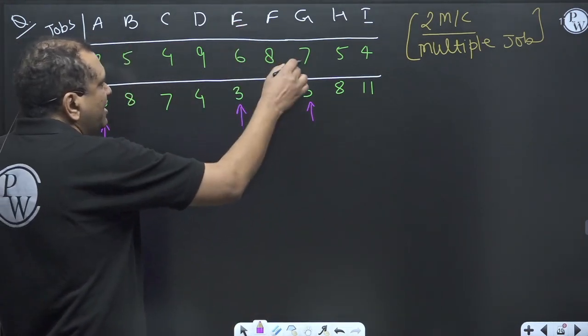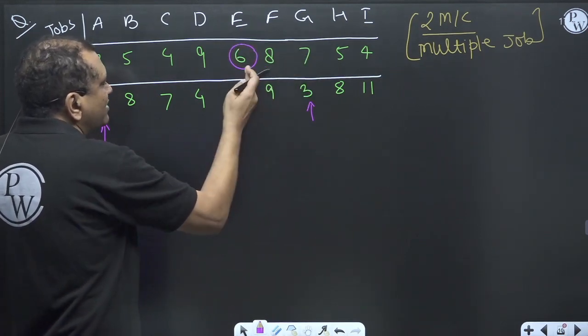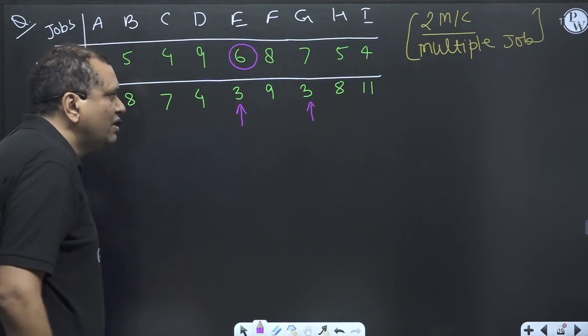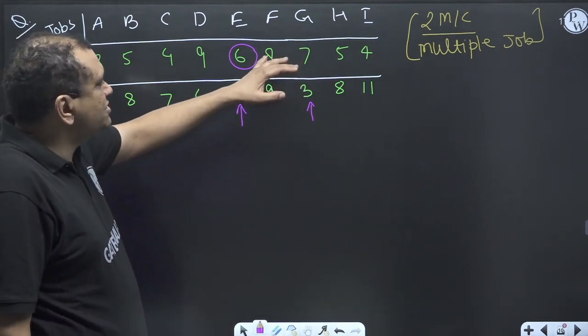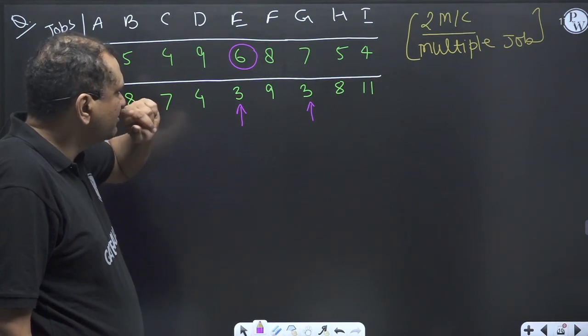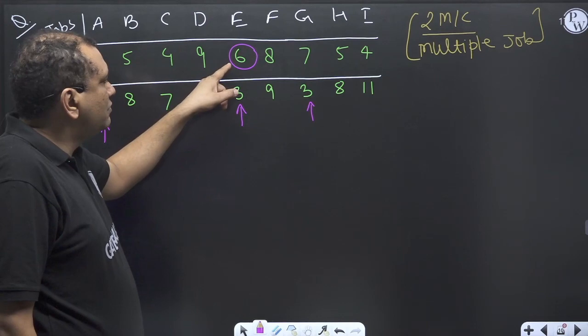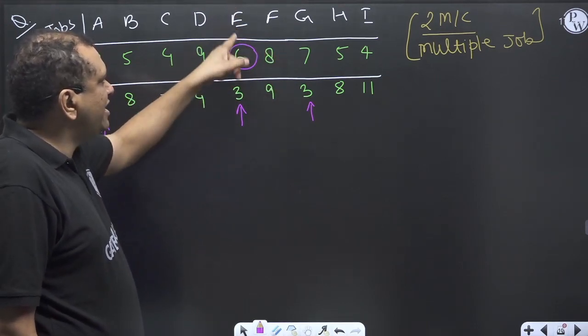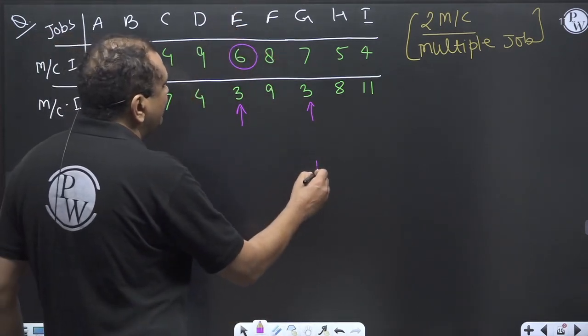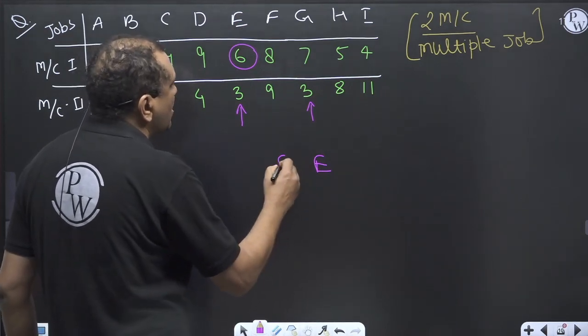The job that requires lesser time compared to 7, this is the lesser time, and wherever there is a minimum time, we take that decision first. Decision first means we will process E last and then G.